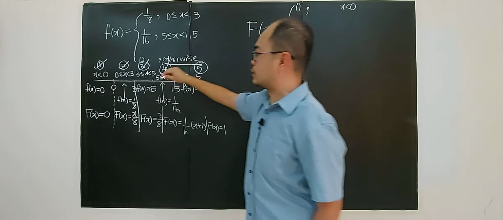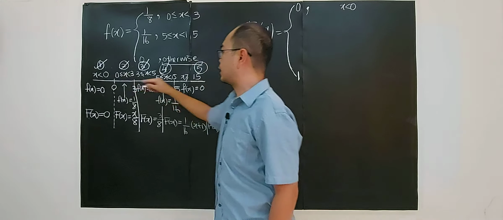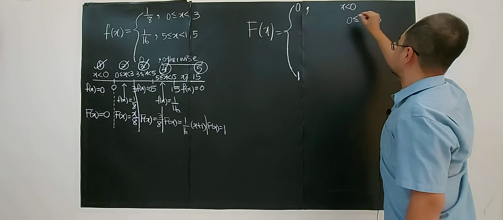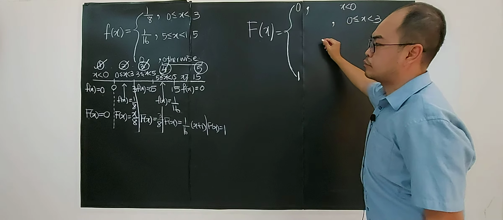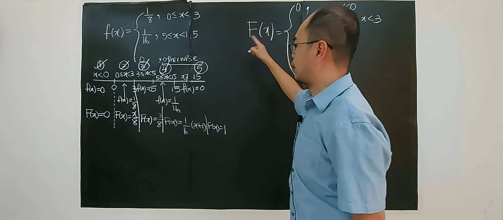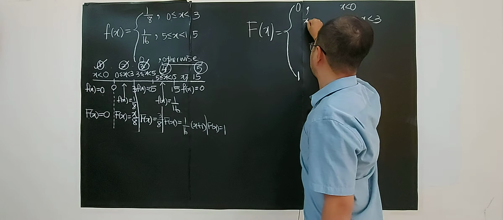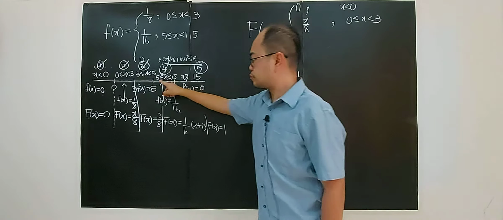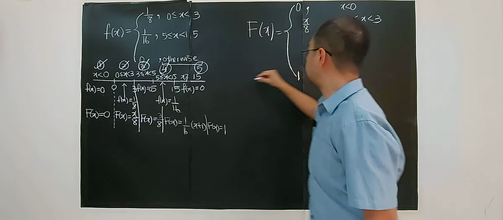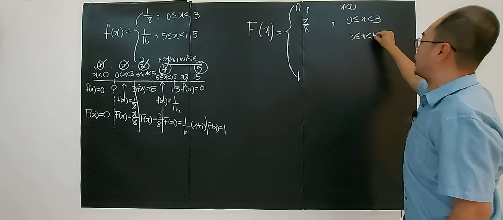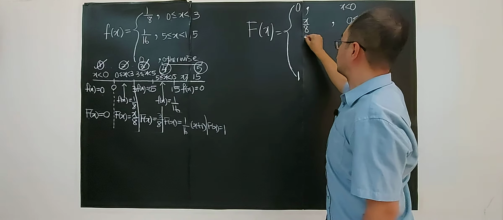So followed by the second interval. The second interval is 0 up to x, but before 3. During this time, your capital F(x) will be x over 8. Later on, for the third interval, 3 up to x, but before 5, during this time it is 3 over 8.